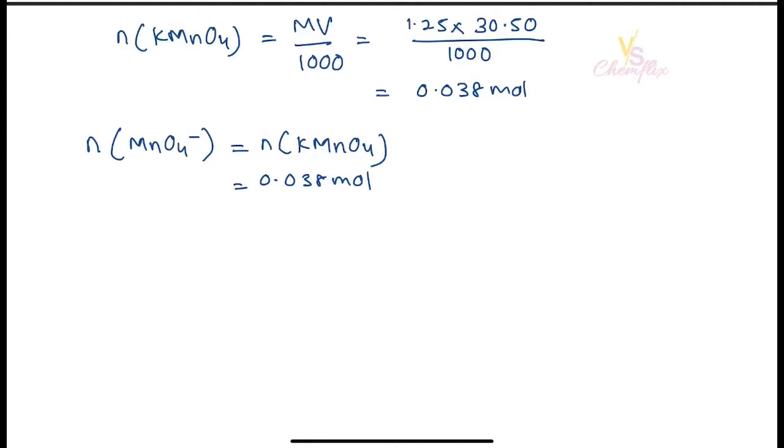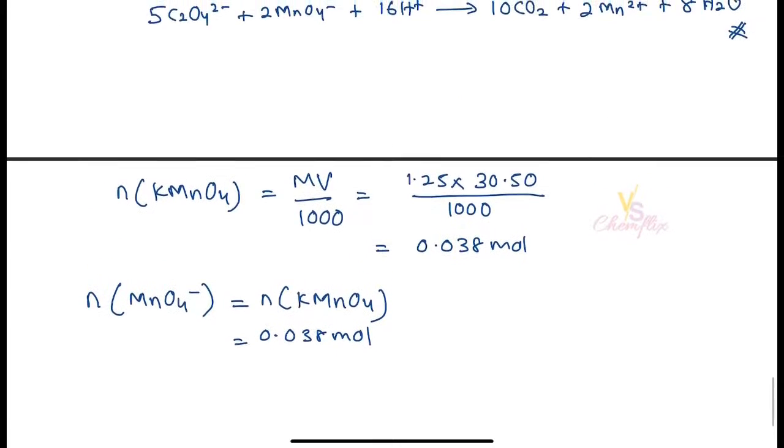In order to calculate the concentration of the C2O4 2- ion, we must relate it with the MnO4- ions. That would be from the balanced equation.